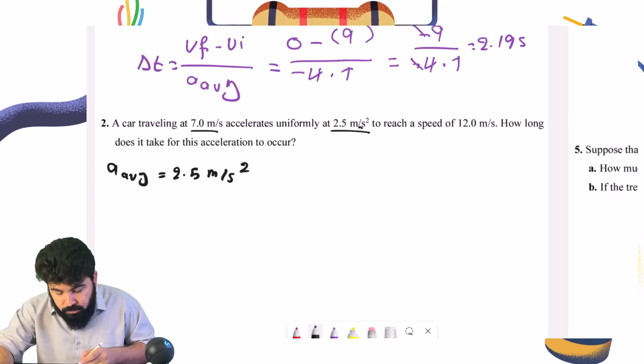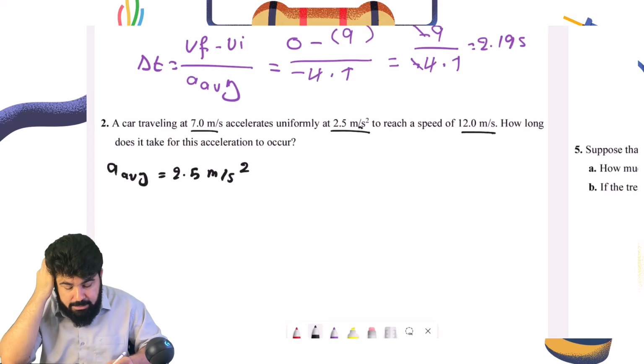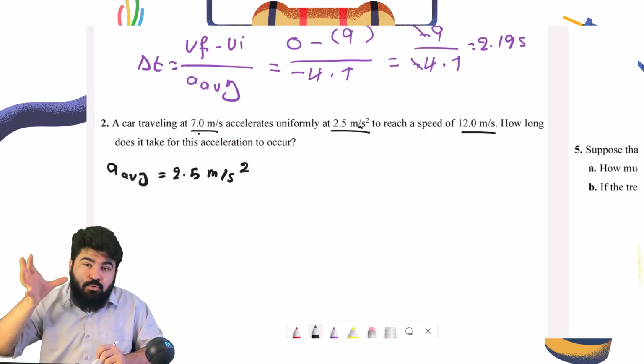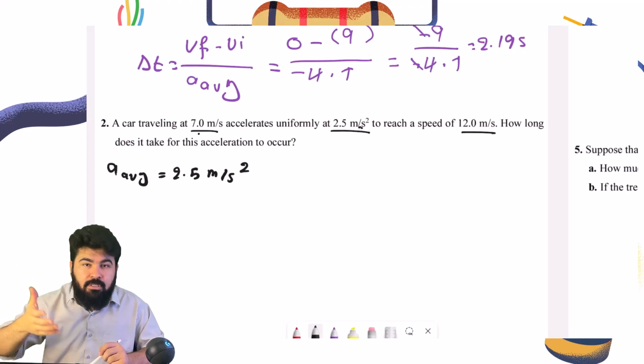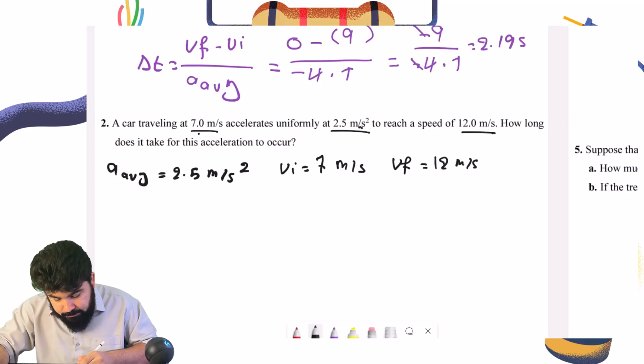So it went from 7 to 12. It's obvious. So 7 becomes v initial, 7 meter per second, and v final is 12 meter per second.